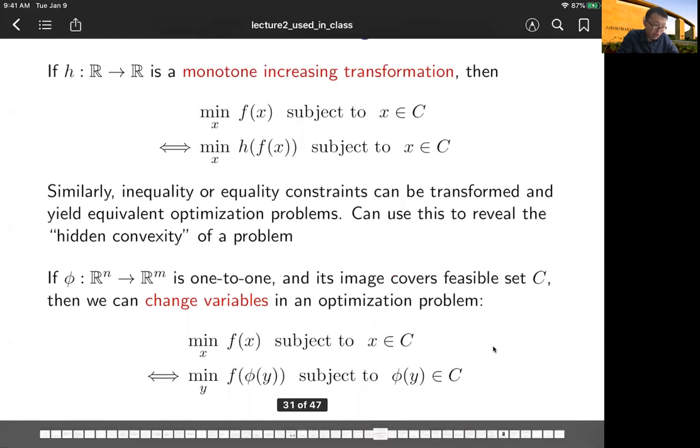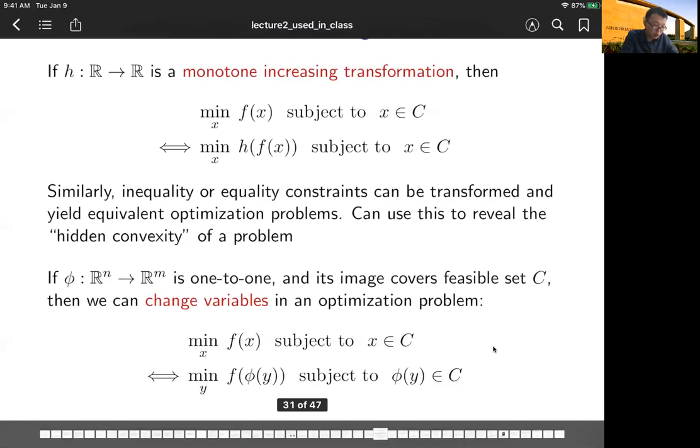Now another example. Sometimes we have an optimization problem of the following form: minimize f of x, where f is not necessarily convex, right? We can always transform an optimization problem into another without changing the optimal solution if the transformation of the objective function is a monotonically increasing function.